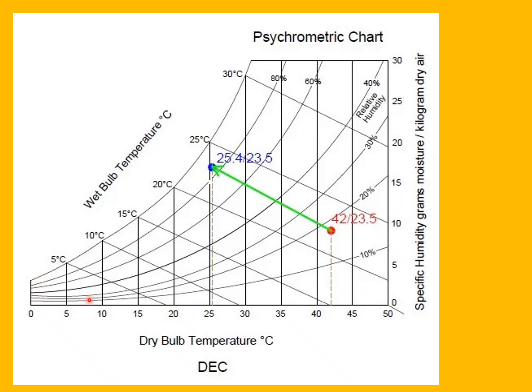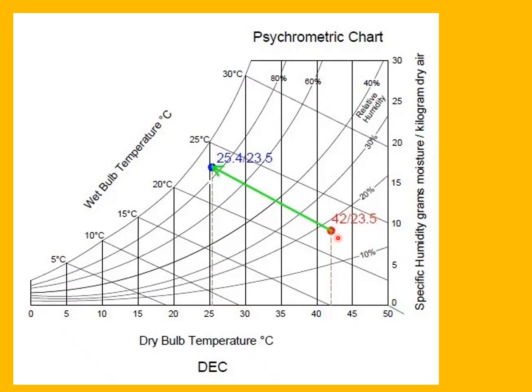Represented on the psychrometric chart, the outside design condition is 42 with 23 RH. So this is the point 42 here and 23 point. This is 20, this is 10.